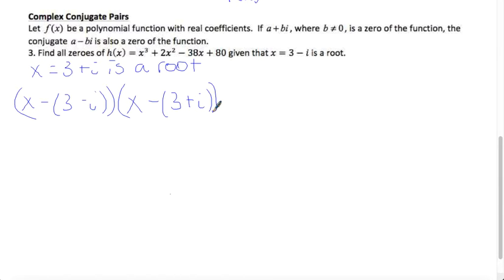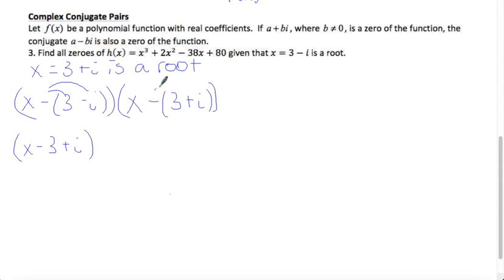If we multiply these two factors together, we will get a quadratic function that will evenly divide our original function, and we can find what our last factor is. Now, multiplying these together looks like it's going to be bad, but with some clever rearranging, we can actually make this work out nicely. So x minus 3 minus i, I'm going to distribute this negative. And then I have x minus 3 plus i.